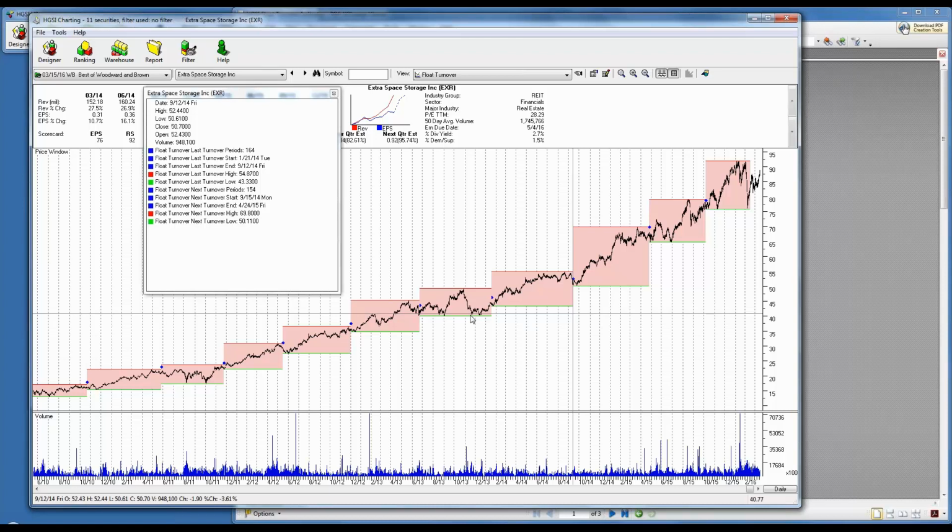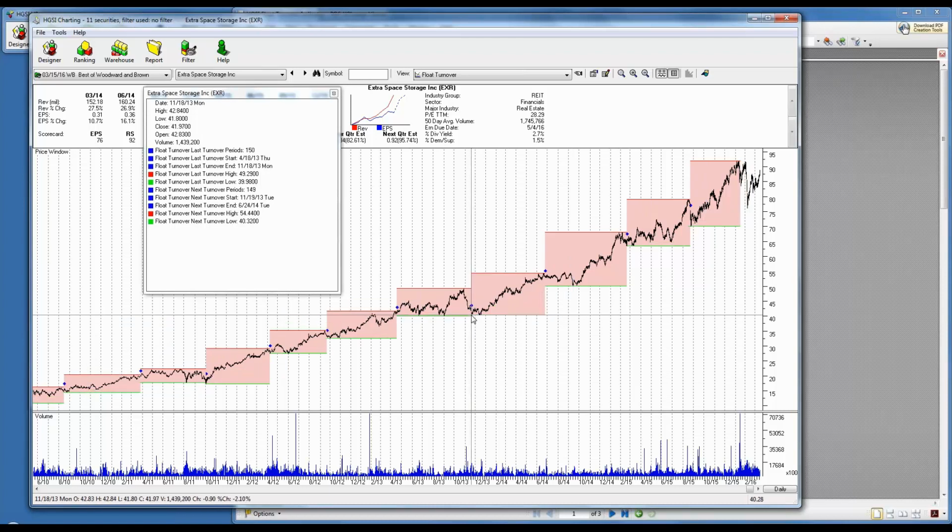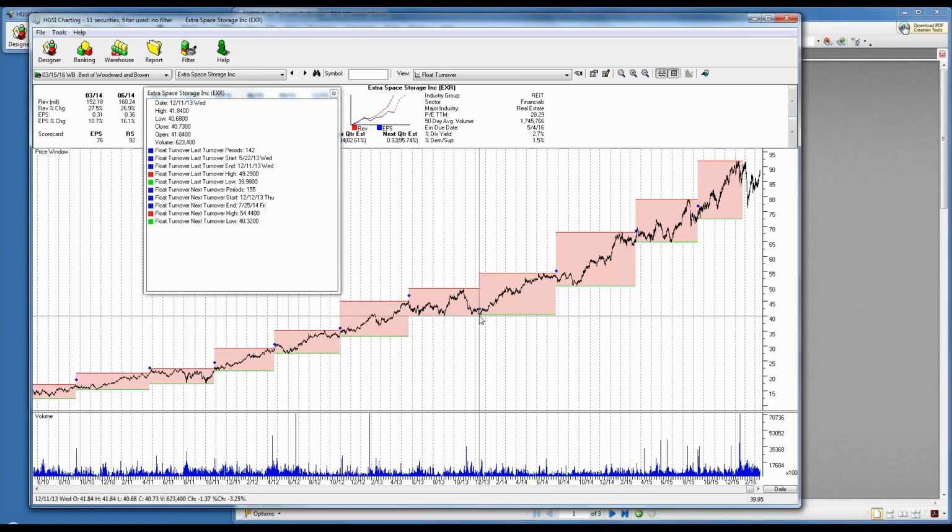And so part of the idea behind Steve Wood's concept of this float turnover is that you start the counting at moments where the stock bottoms out, on the grounds that when it reaches that low point, everyone who's wanted to get out of the stock will have gotten out of the stock.